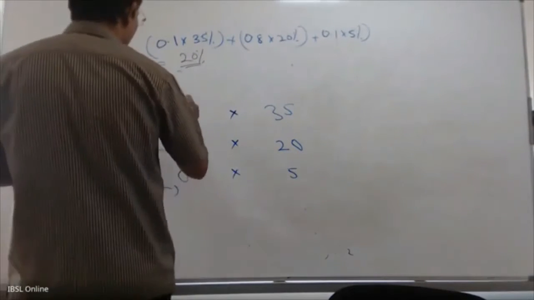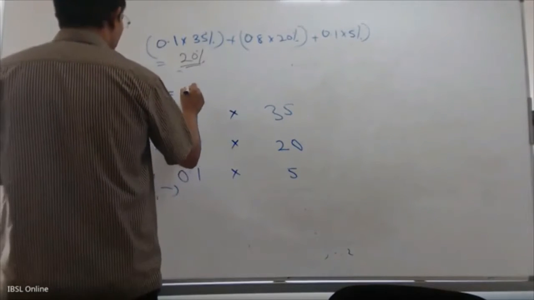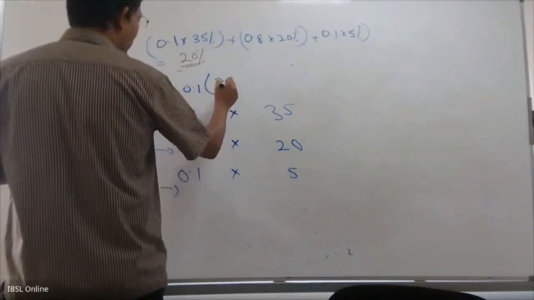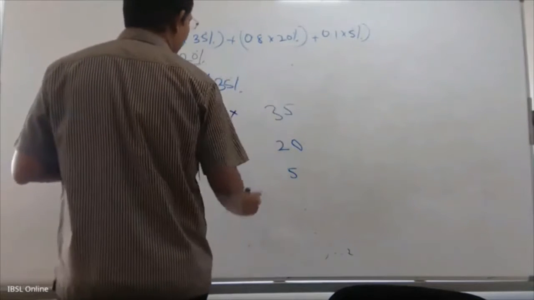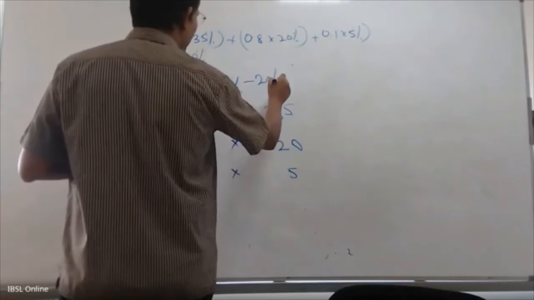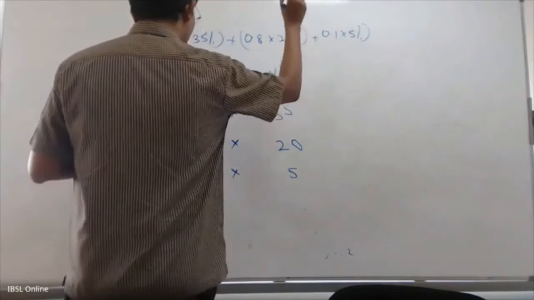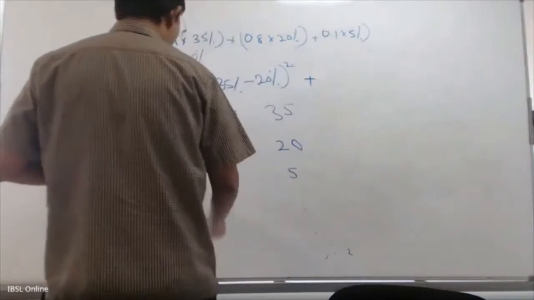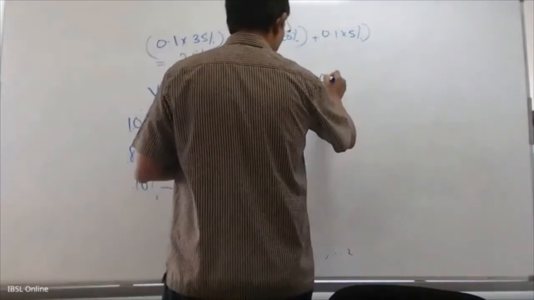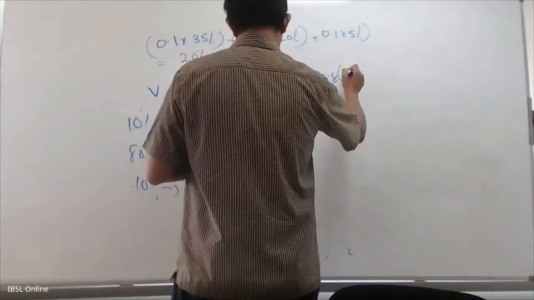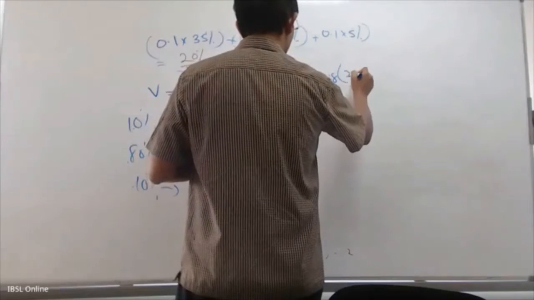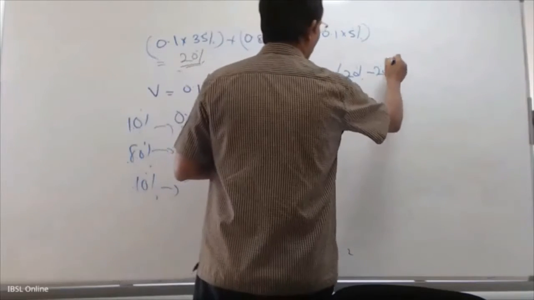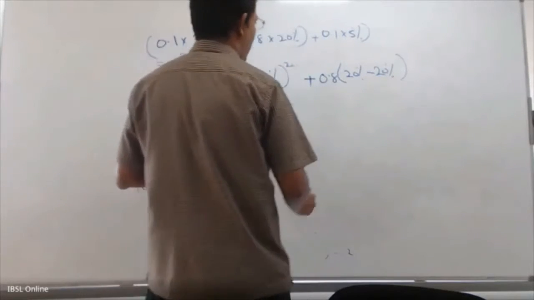The variance is finding out this. The first one, 0.1 into 35%, that we know, 35% yield minus 20, to the power of 2. And again you add it, this one 0.8 into the 20% minus the 20% expected return, to the power of 2.